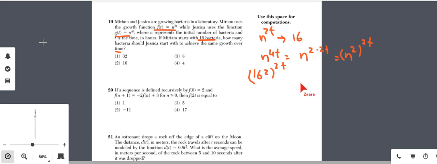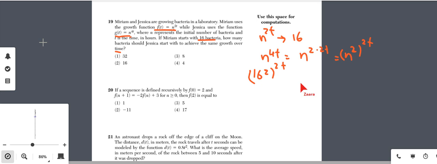She uses this growth function f of t equals n raised to the power of 2t. She starts with 16 bacteria. With how much should Jessica start, the initial when t is 0?